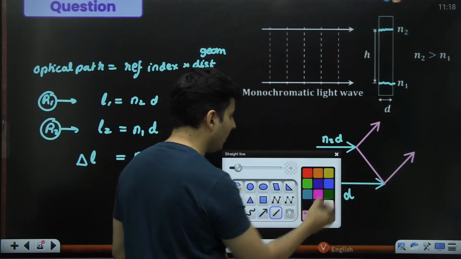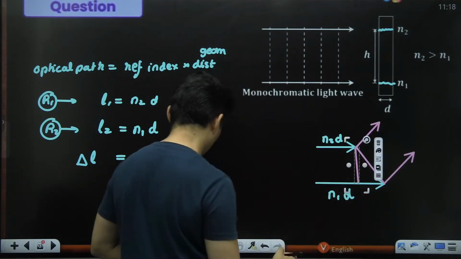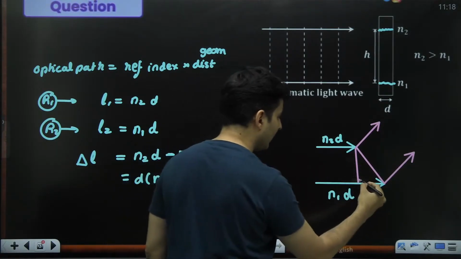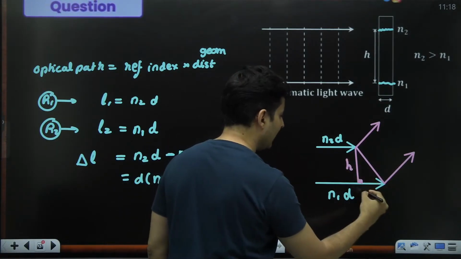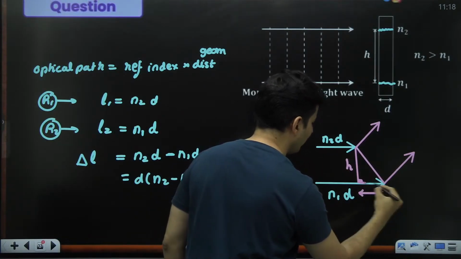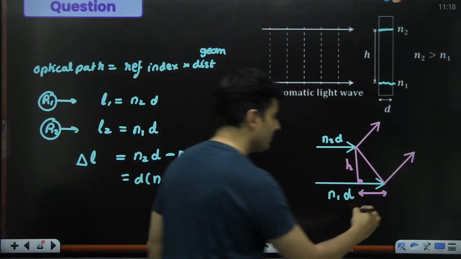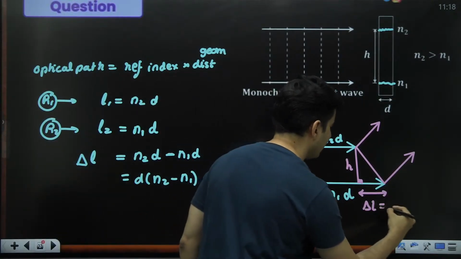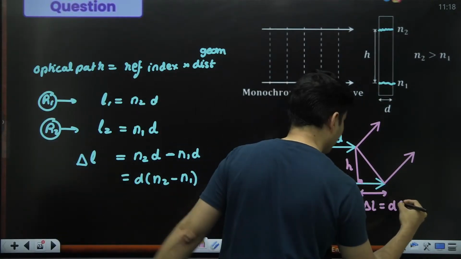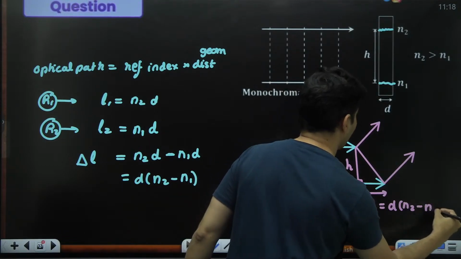So if I draw a right angled triangle over here, this is height h. This particular base is exactly the delta L, which is d into n2 minus n1.